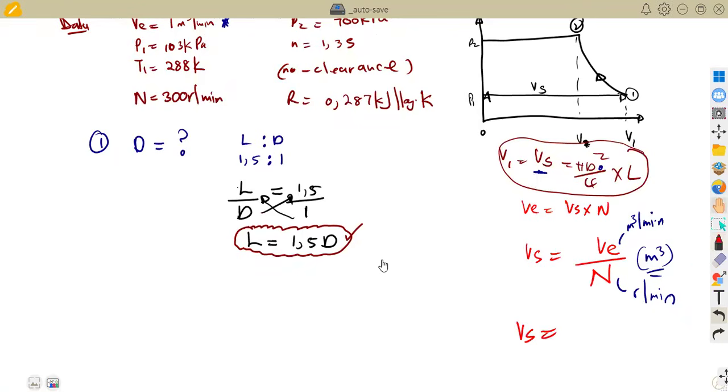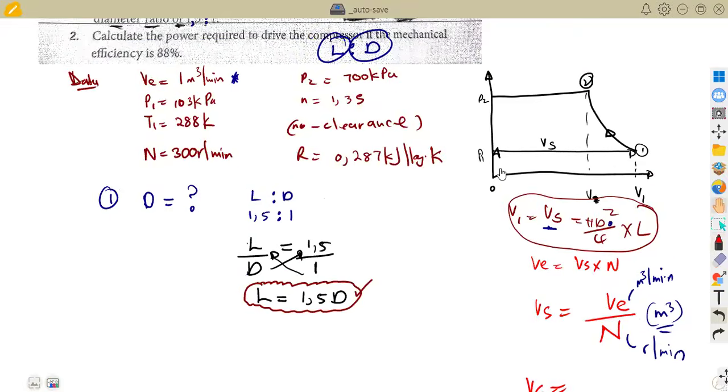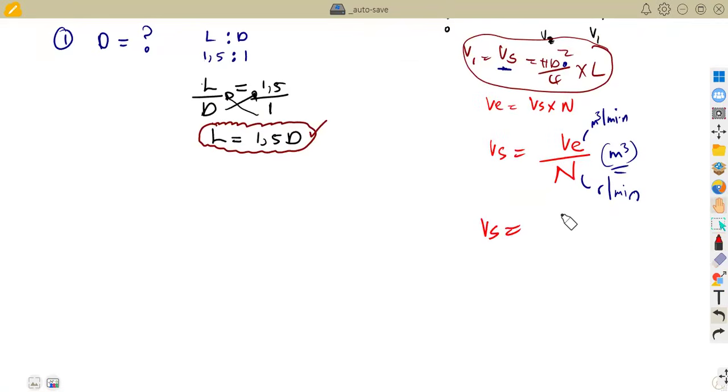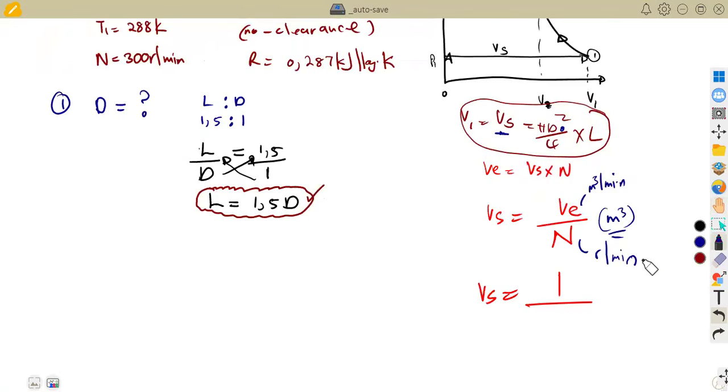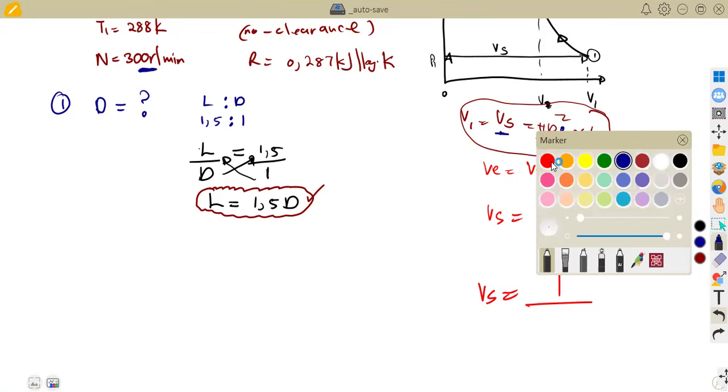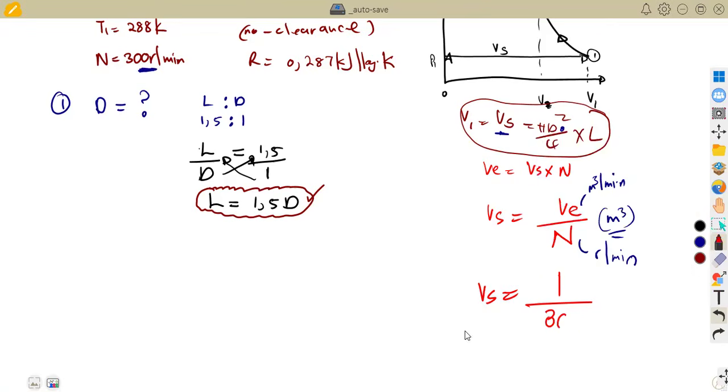Remember, our VA is 1 cubic meters per minute, over N, the speed in revs per minute. Our speed in revs per minute is what? 300 revolutions per minute. So that means we are going to divide by 300.